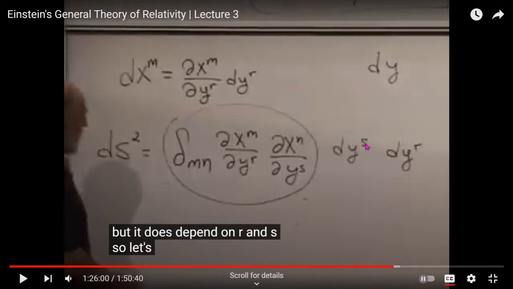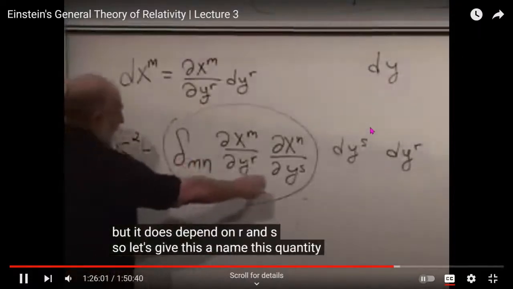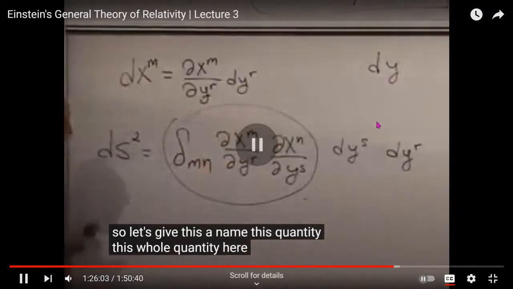The s and the r are still dummy. Let's give this whole quantity a name. What is that? That's the partial of this x over this y, the partial of this x over this y. But it's only interesting when it's the same m and n.